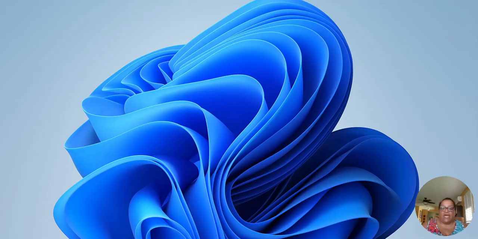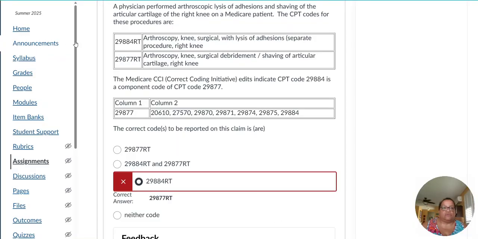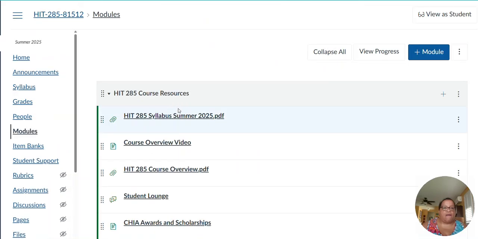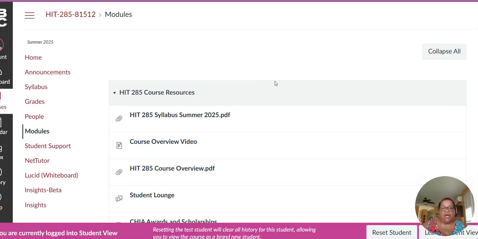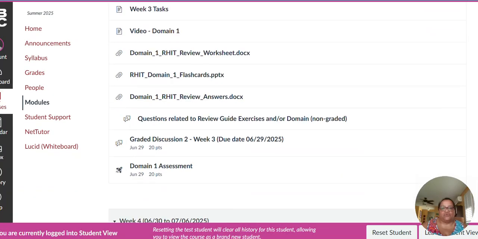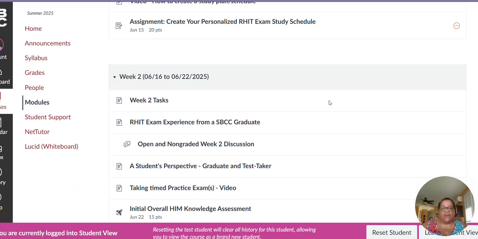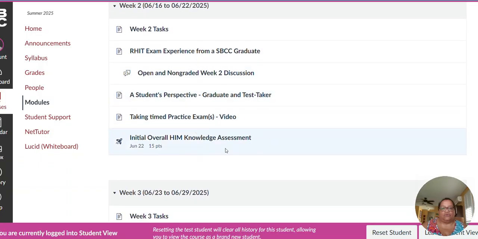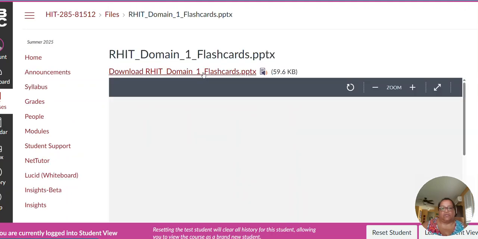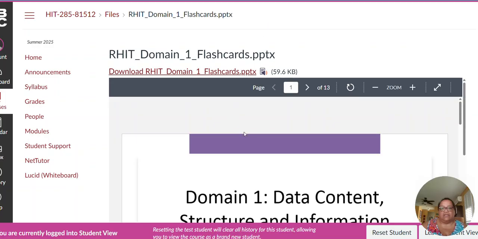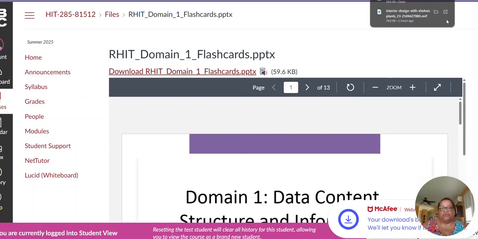In addition to that, in the upcoming modules, not this module specifically, because right now we're talking about week 2, but in module 3, I actually give you flashcards here. You click on this, you click on this. This will download this to your personal computer.